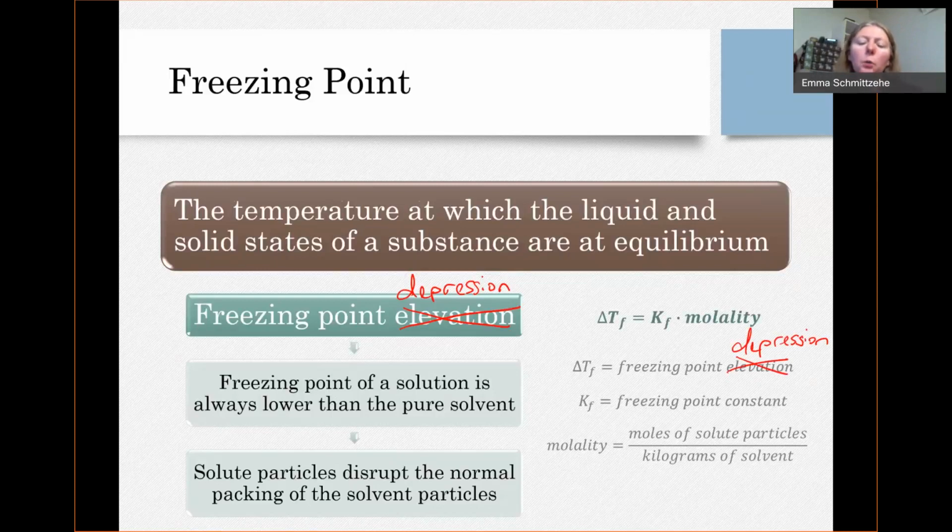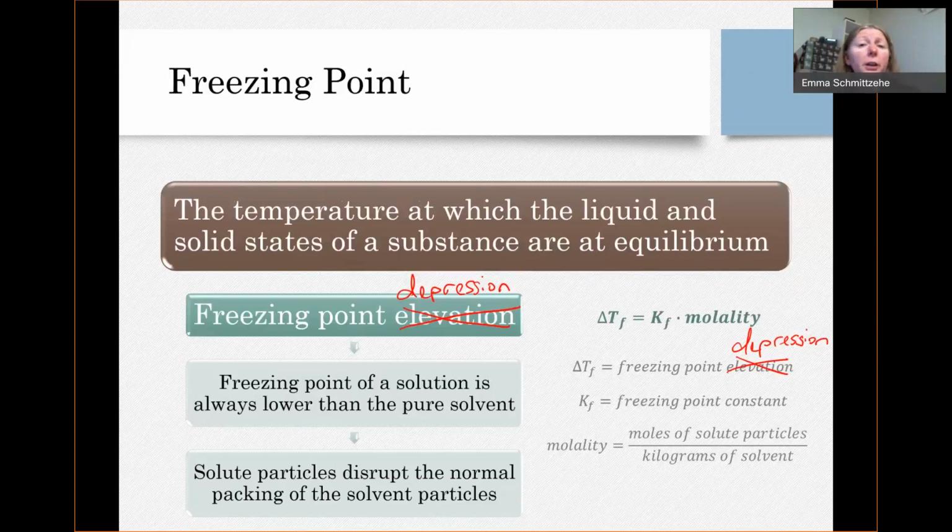Okay, so when you calculate the change in freezing point, you would then take the original freezing point and subtract this value, and it would tell you the new one. This also is just some constant times the molality of the solution, and that constant is the Kf, not the Kb.